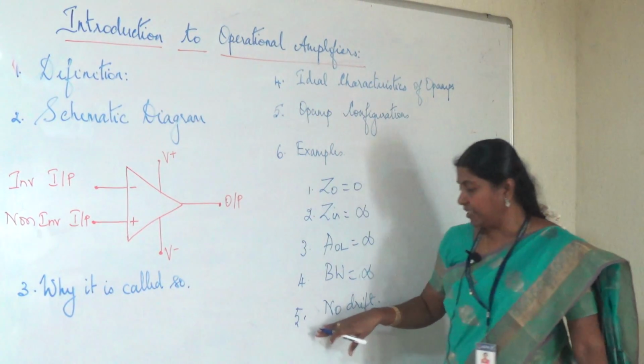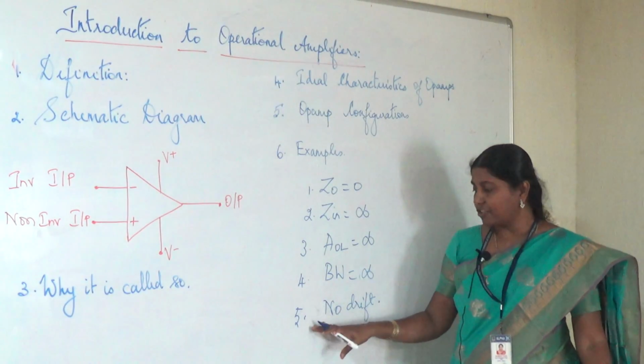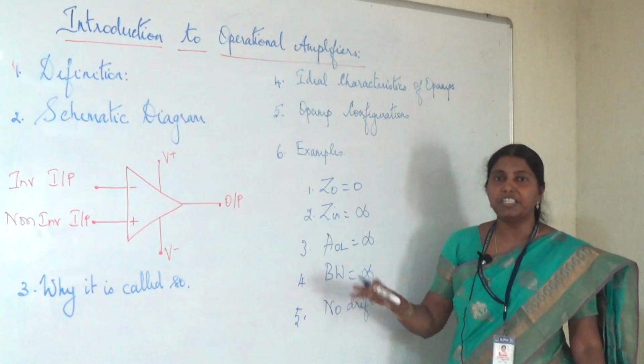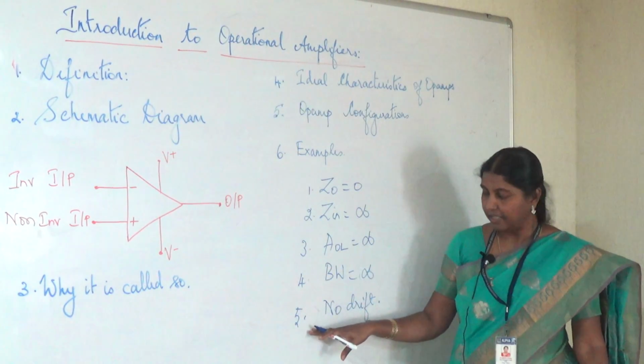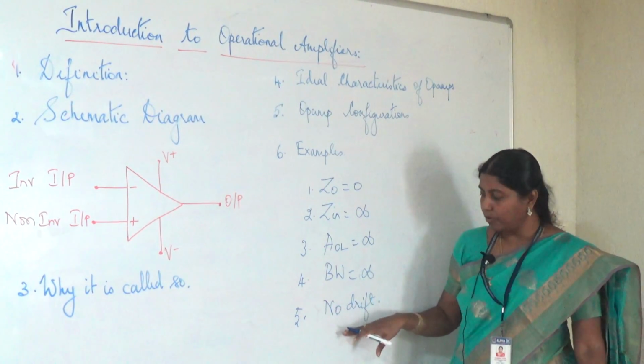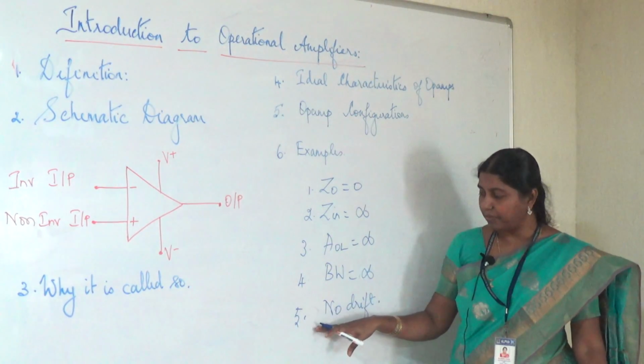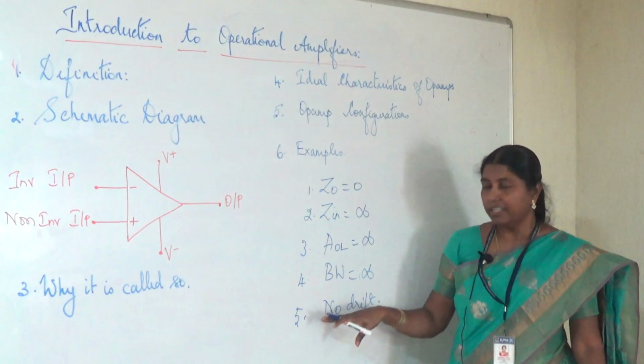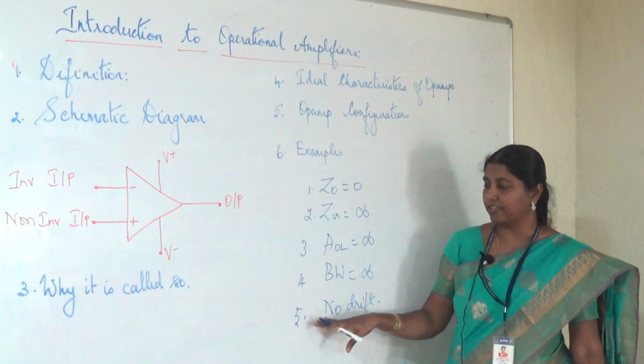Drifting means that for any electronic device or instrument, as the temperature varies, there will be changes in the characteristic of the device. But here, when we say that there is no drifting, it implies that as the temperature varies over a period of time, there won't be any changes in the characteristic of the op-amp.